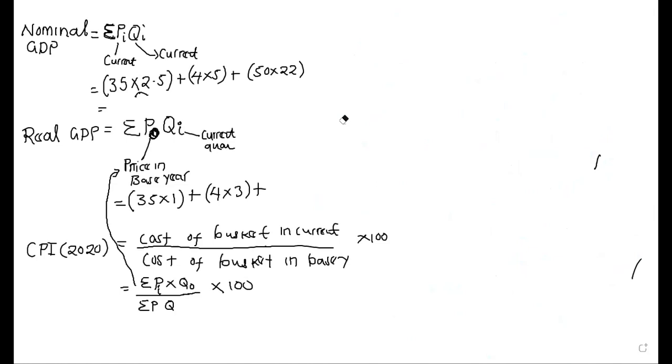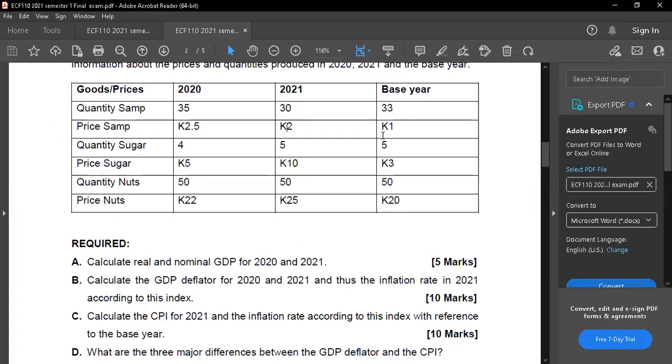It's the cost of the basket in the current year divided by the cost of the basket in the base year. So in this case, our base year is this year that I've just written here. So what's the cost of the basket in the base year? It will just be, sum is 33, right? So you just get 33 times 1. Hope you can see on the right far end.